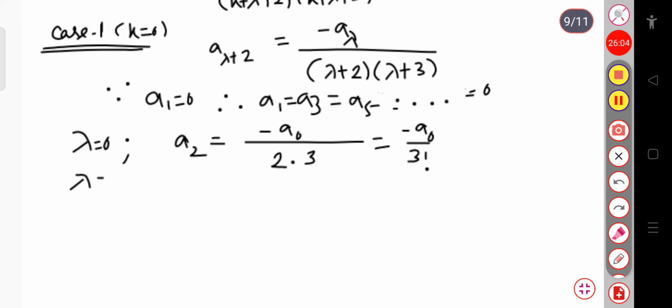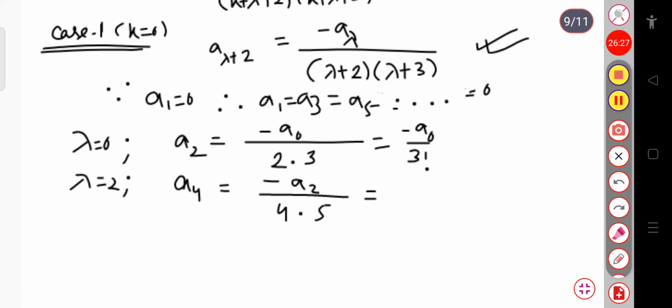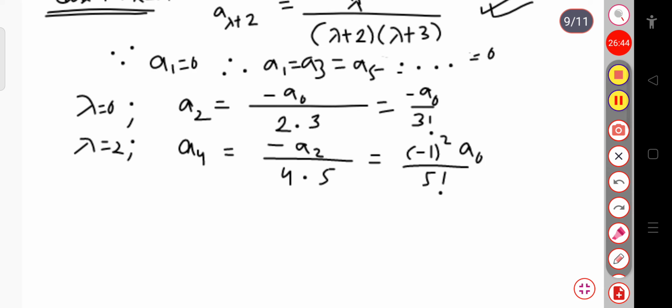So when I take lambda equal to 2, this will be A4, that is equal to minus A2 divided by 2 plus 2, that is 4, into 2 plus 3, that is 5. So this will be 4 into 5. If I put the value of A2, that is minus A0 divided by 3 factorial, then this will be minus 1 square into A0 divided by 5 into 4 into 3 factorial, which is simply 5 factorial, and so on and so on.